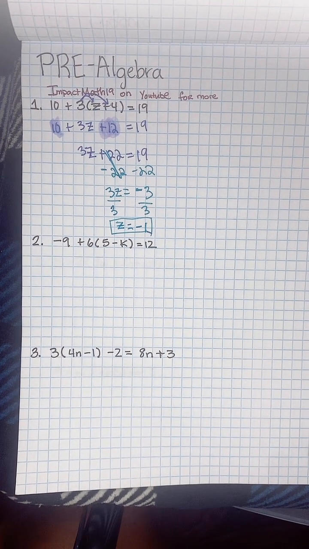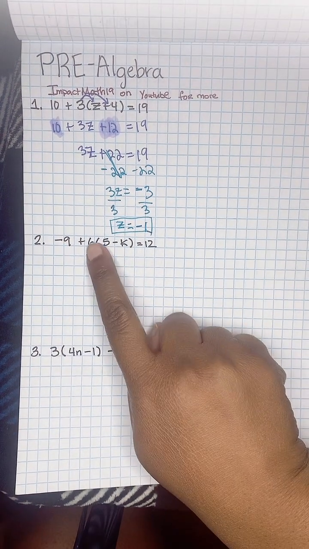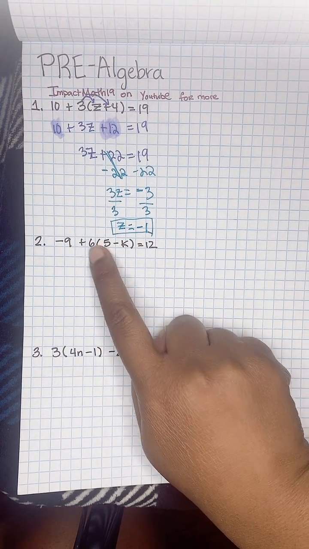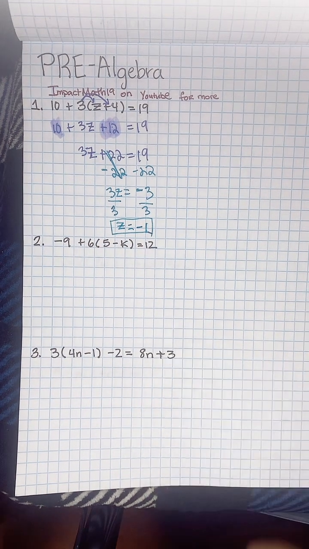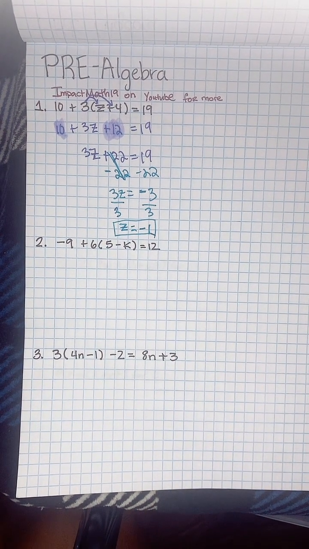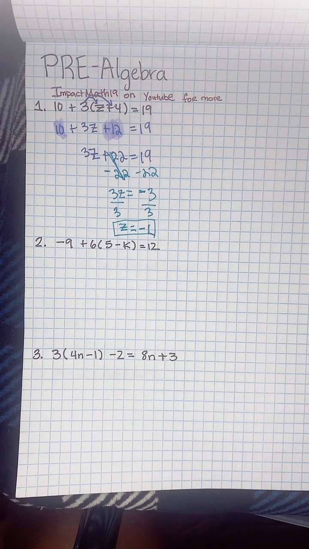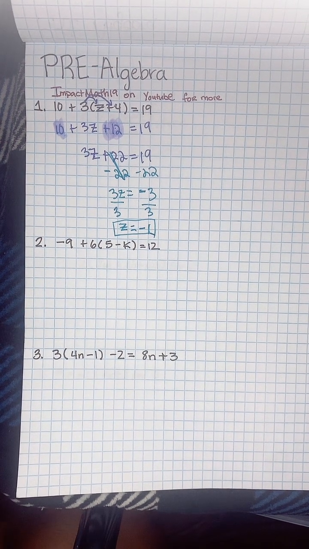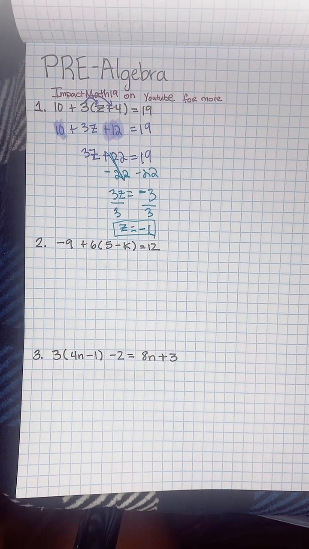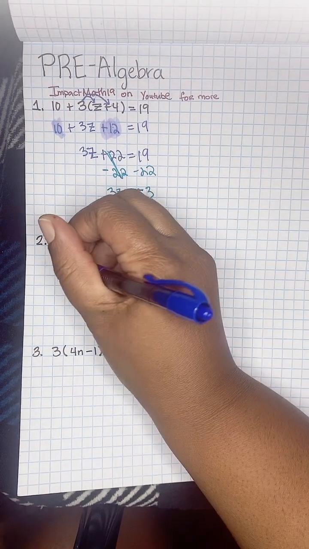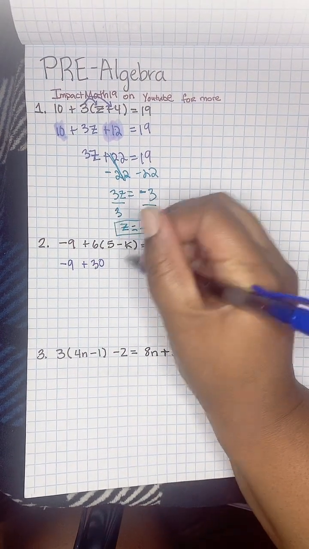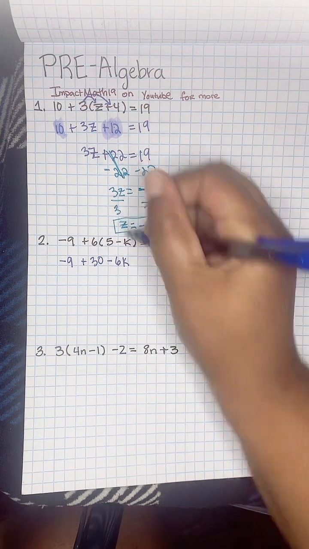All right. Can somebody put the distributing in the chat? Let me see you distribute this 6. 30 minus 6K. Wonderful. So we drop down this negative 9 plus 30 minus 6K.